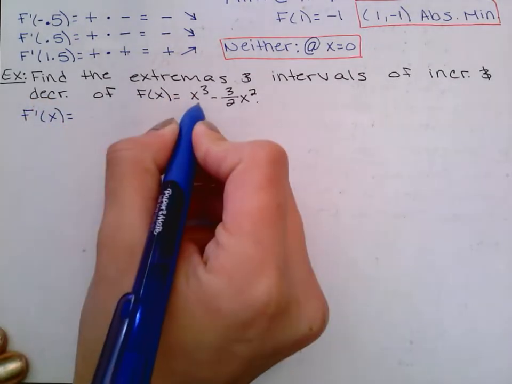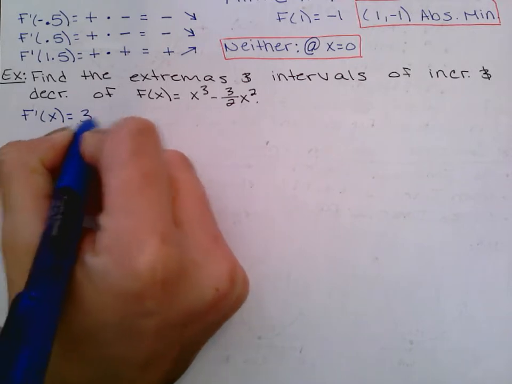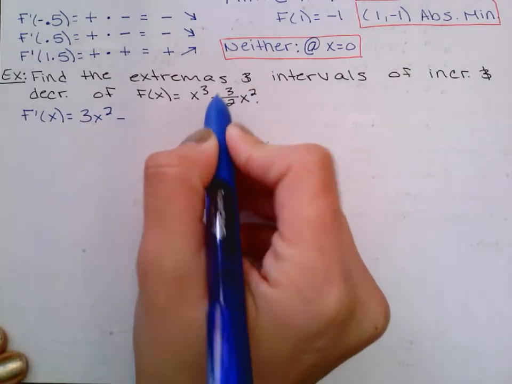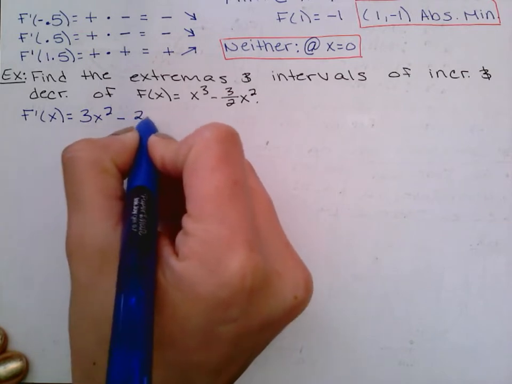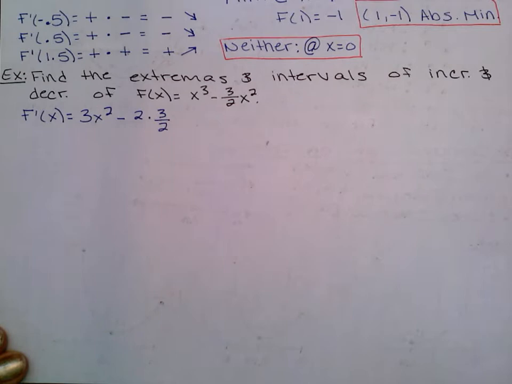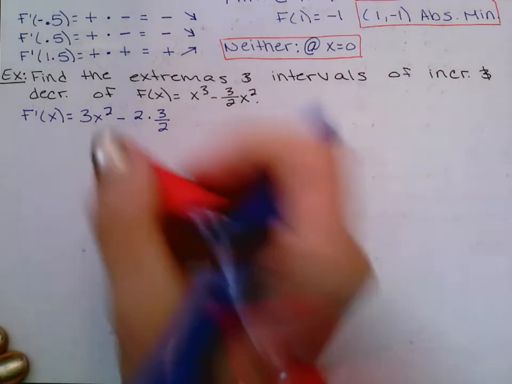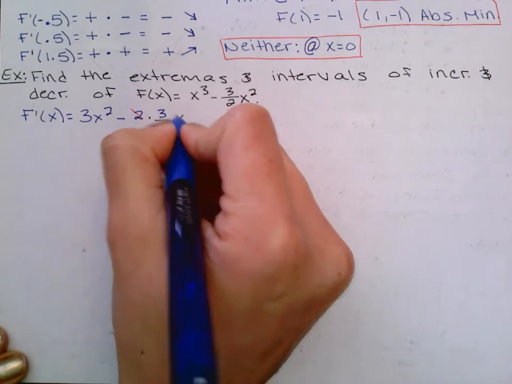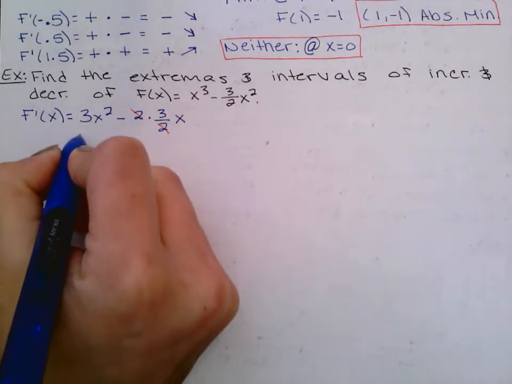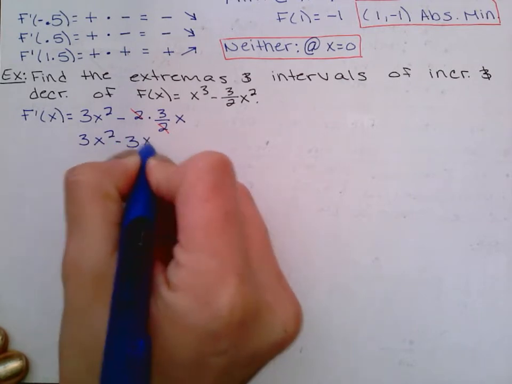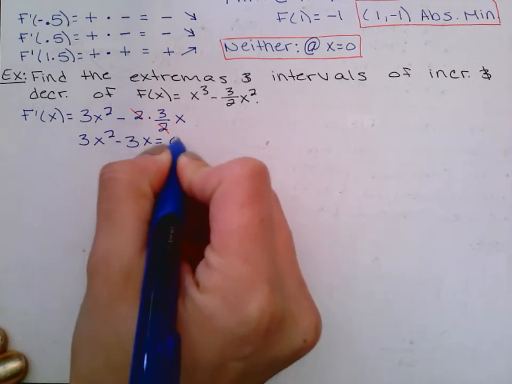So my first term, x cubed, I end up with 3x squared. Minus, when I multiply the 2 to the front, that 2 reduces and cancels with the 2 in the denominator, x to the first. So I really have 3x squared minus 3x. I set my derivative equal to 0.